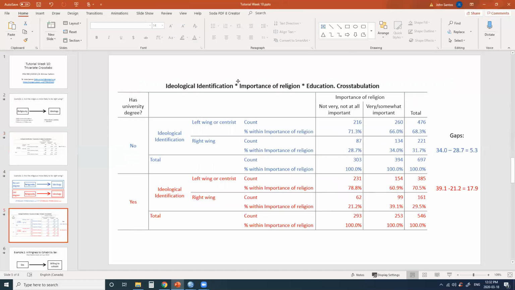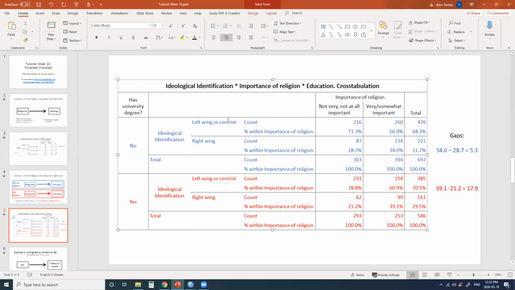And so when we do a trivariate crosstab, we simply split up the population into two groups, those who have a university degree and those who do not have a university degree, and we repeat that same bivariate analysis amongst those two categories that we're controlling for, right?